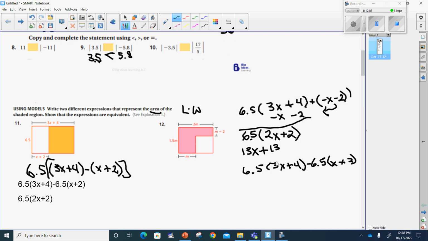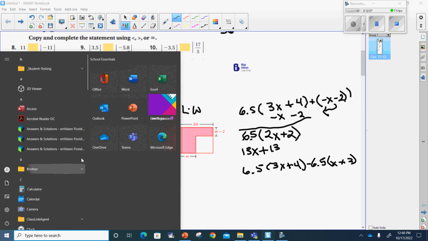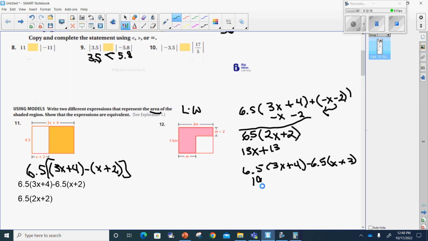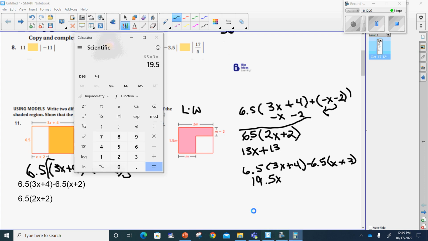6.5 times 3x. Let's get our calculator for that. So that'd be 6.5 times 3 will give me 19.5x, and then 6.5 times 4 will give me 26.